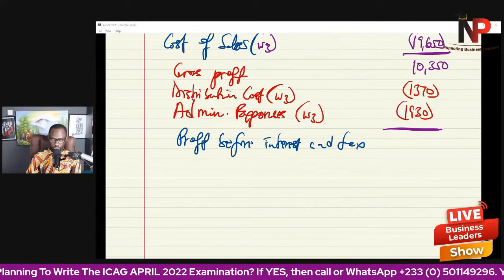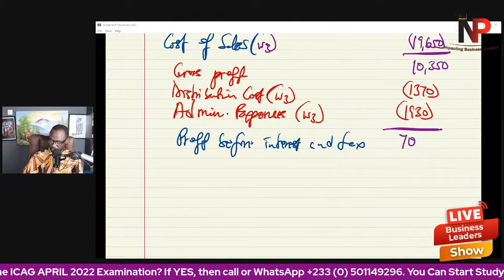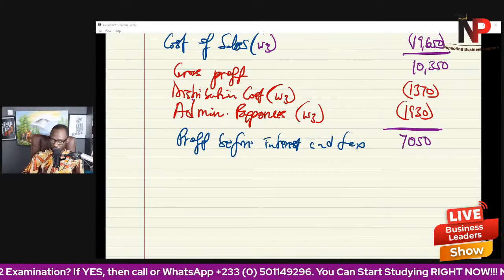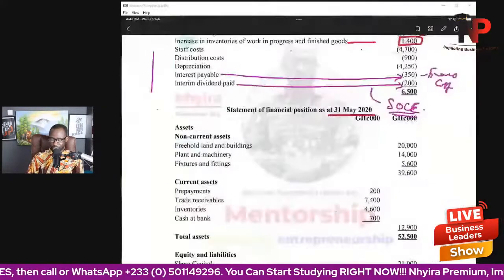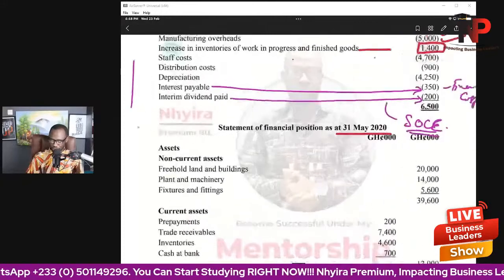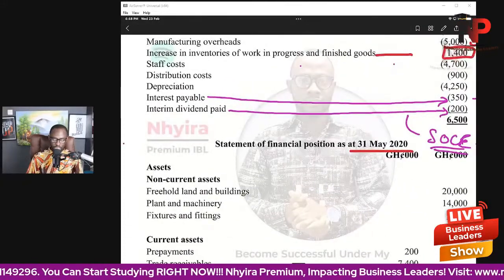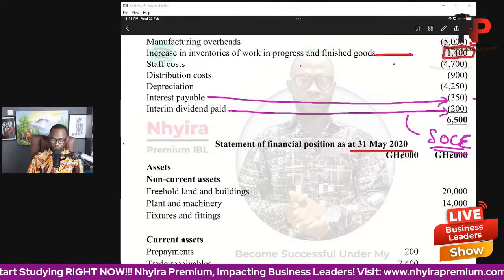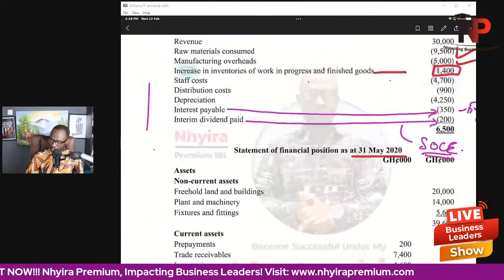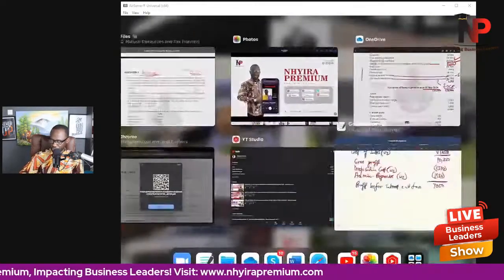I'm getting 7050. Okay. Then we bring in finance cost. Now remember, in the extract financial statement, there is an interest payable figure of 350 there. So that will be finance cost here.